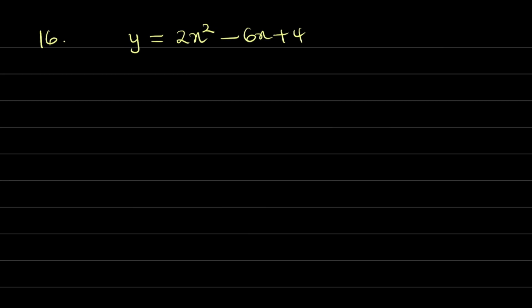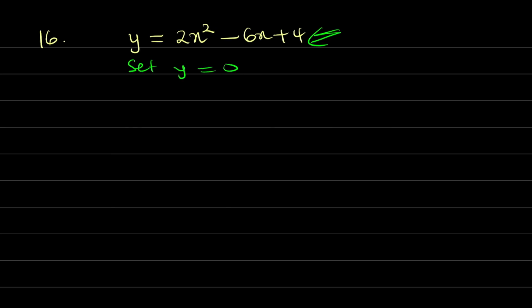This is a bit tricky because the question says find the x-intercept. This is actually another way of simply saying find the root of this quadratic equation, because by finding the x-intercept, you are simply setting y to 0.